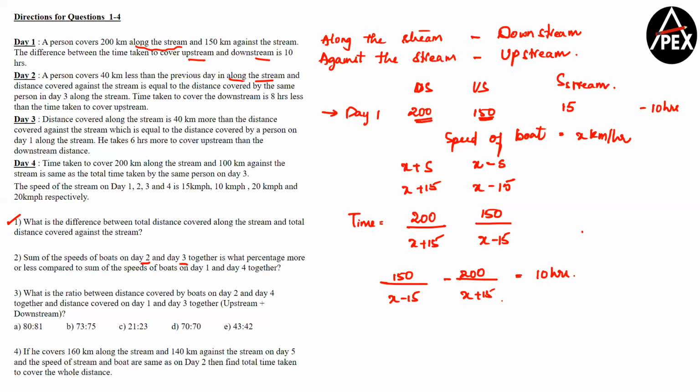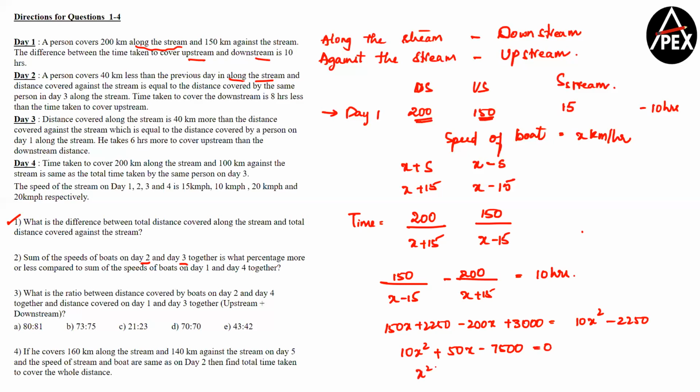Now 150x plus 2250 minus 200x plus 3000 will be equal to 10x square minus 220 minus 2250. So 10x square plus 50x minus 7500 is equal to 0.